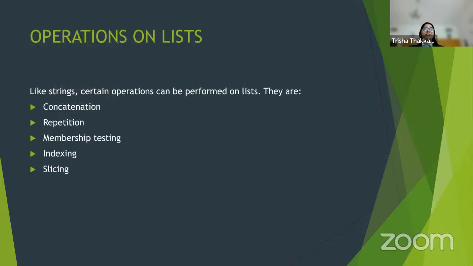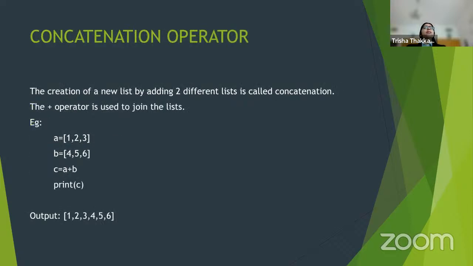Operations on lists. Like strings, certain operations can be performed on lists. These are concatenation, repetition, membership testing, indexing, and slicing. Concatenation operator. This is the creation of a new list by adding two different lists, and it is done by the plus operator.